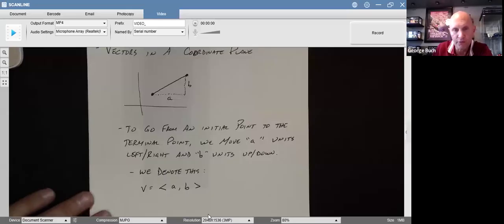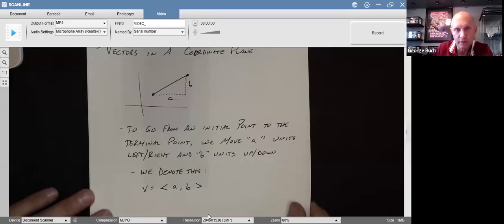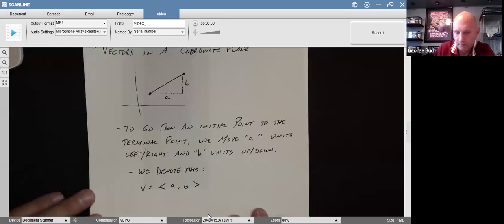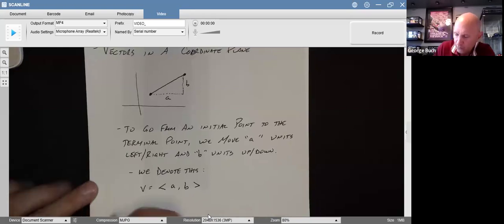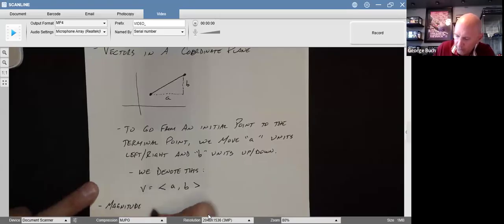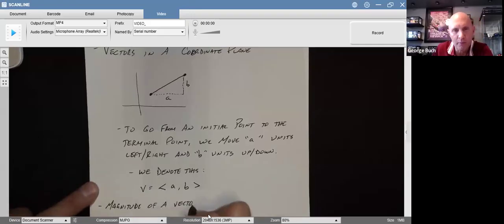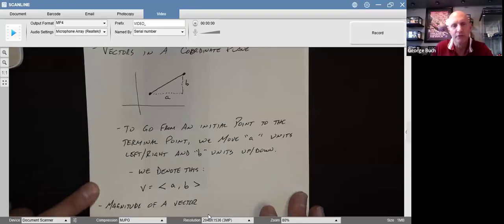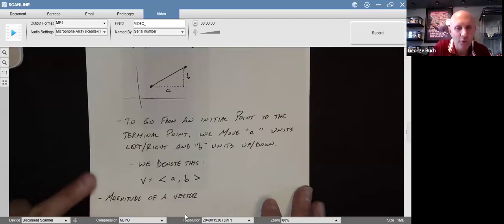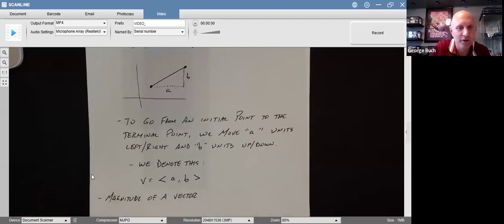Now, how long is this vector? So actually, I'm going to leave this here because we'll use this one we drew above. So the magnitude of a vector. And as you can probably guess, it's the same formula that we've been using all semester long, which is what?